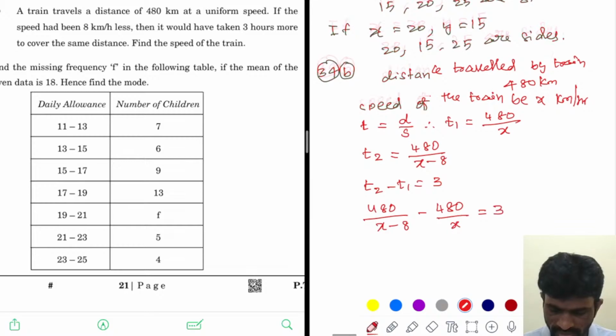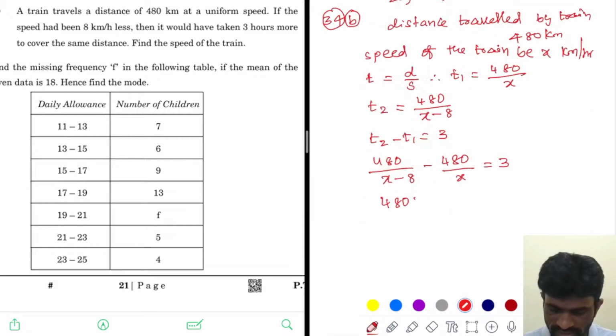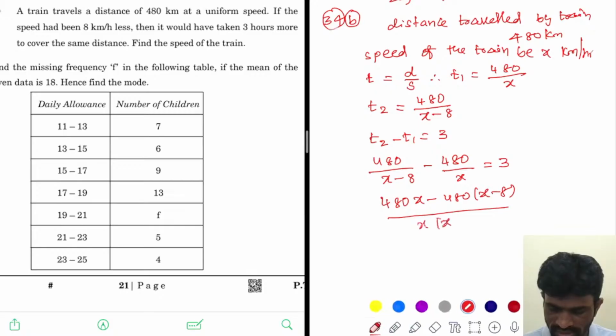Then we take LCM: 480 into x minus 480 into x minus 8, by x into x minus 8, is equal to 3.